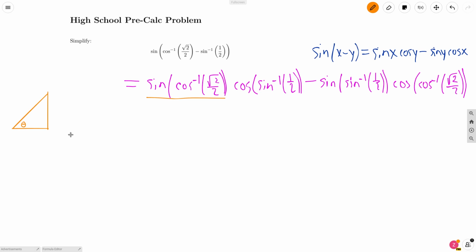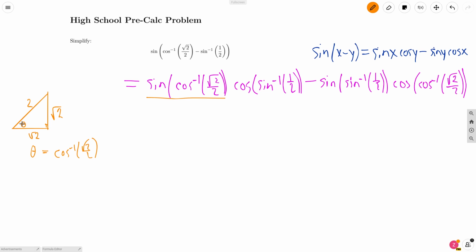So here, theta is equal to cosine inverse square root 2 over 2. And what that means is, because we have a right triangle and cosine is adjacent over hypotenuse, we have square root 2 over 2, and to calculate the remaining side we go ahead and use the Pythagorean theorem. The remaining side needs to be square root 2.